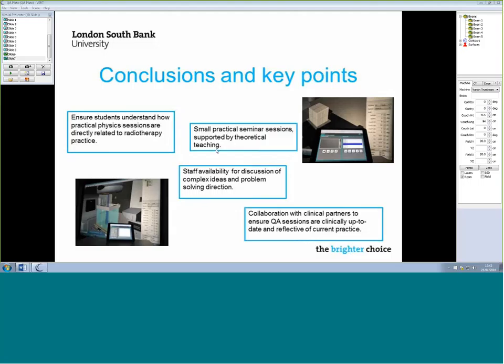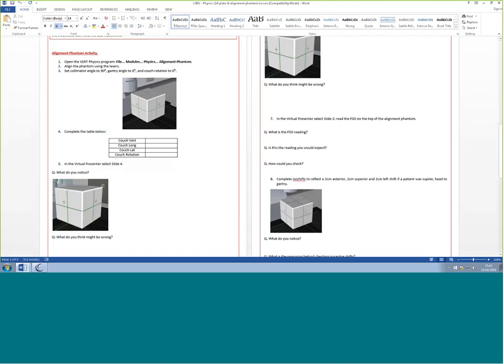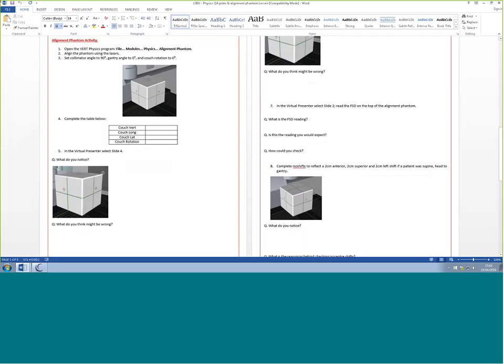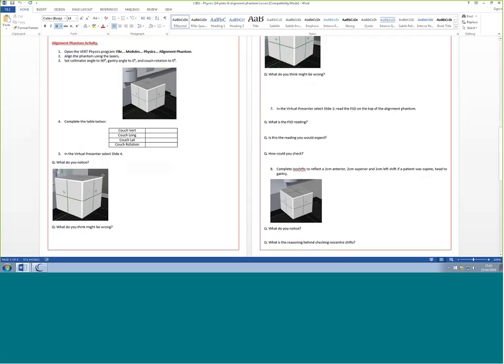Thanks. So as you can see on these sessions themselves, they've got questions in regards to what do you notice, what do you think might be wrong, so they can problem solve through those, and especially here when they're looking at calculating separation.